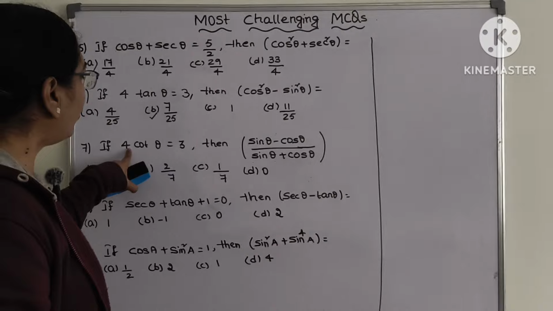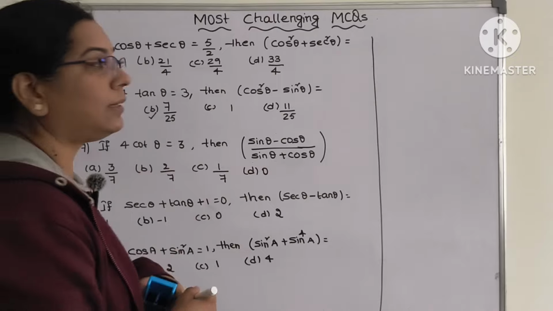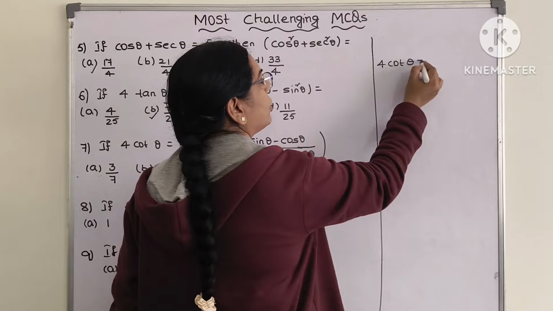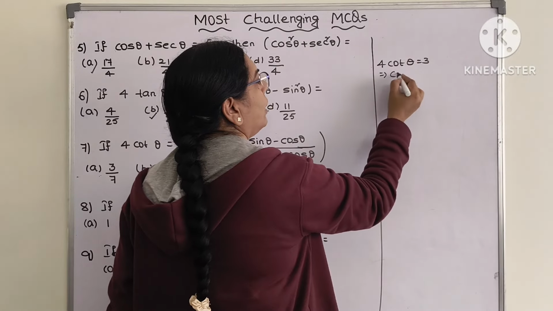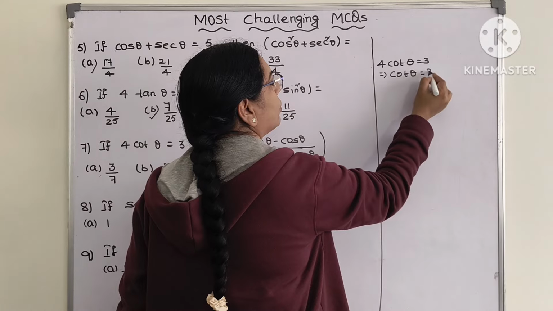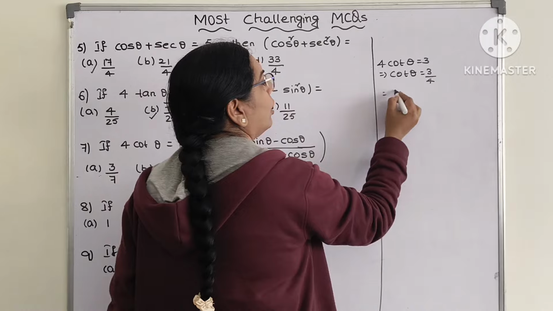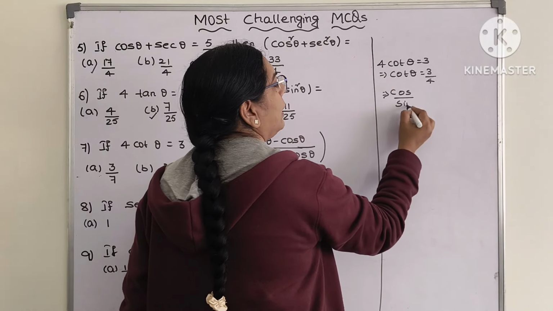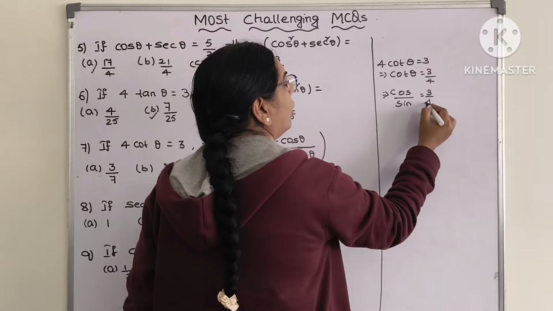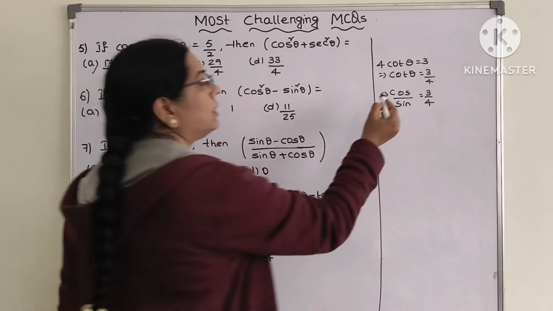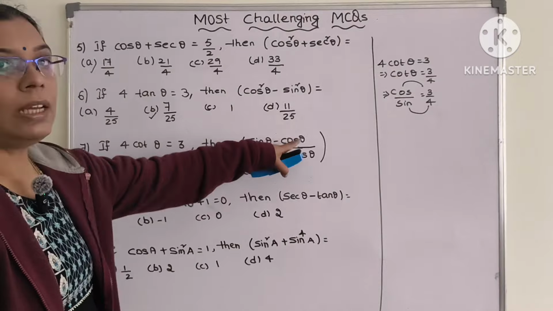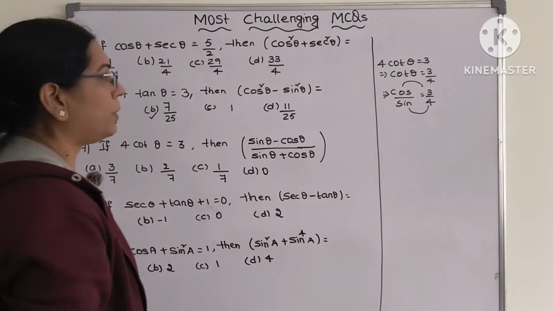Next one. If 4 cot theta is 3. So he said 4 cot theta is equal to 3, which means cot theta is equal to 3 by 4. What is cot? Cot is cos by sin, which is 3 by 4. Which means cos is 3, sin is 4. They are asking for the value of this expression.